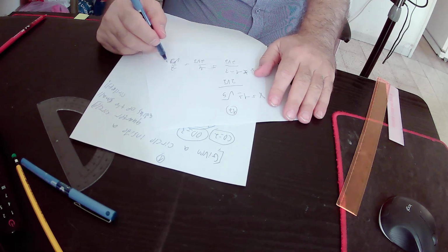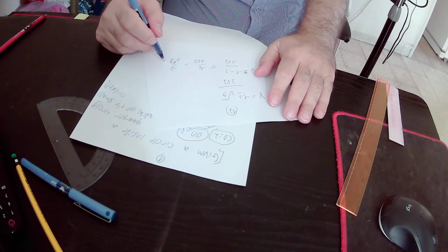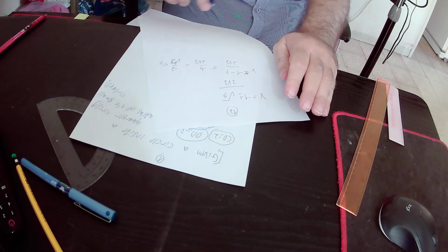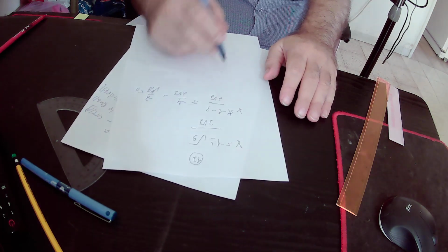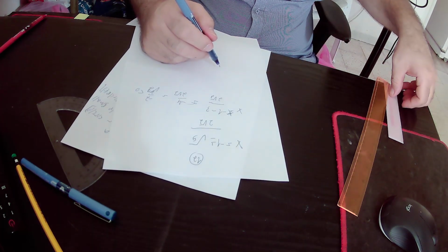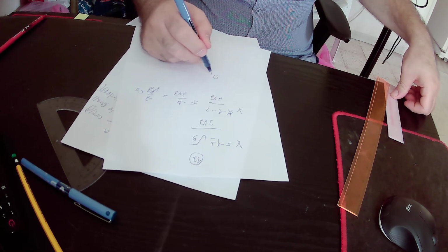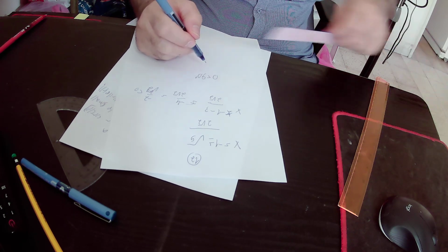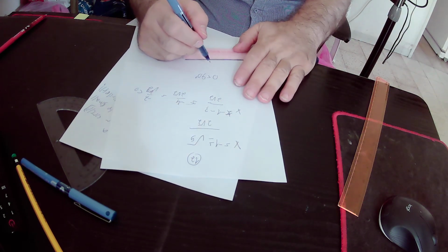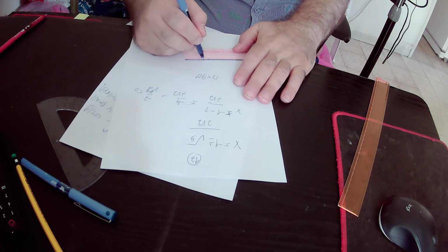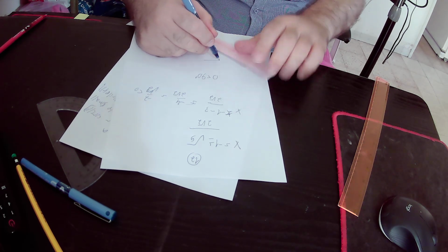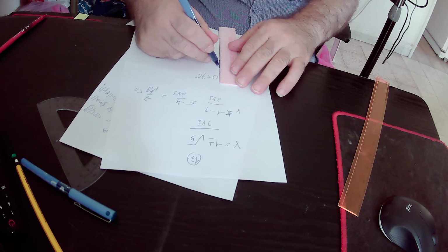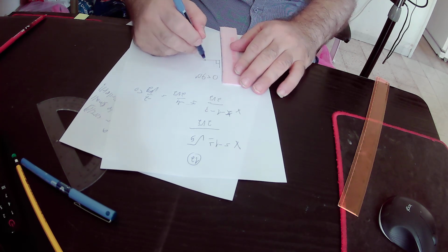So anyway, minus 2 over root 2 is a negative number, and we know that theta is less than 90 degrees because we have a right triangle. So this angle is 90 degrees, and here we have theta.